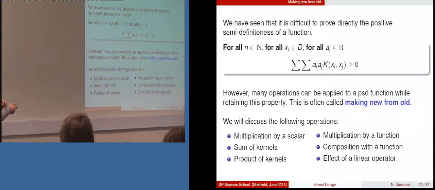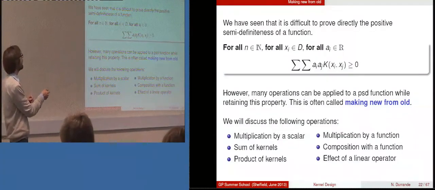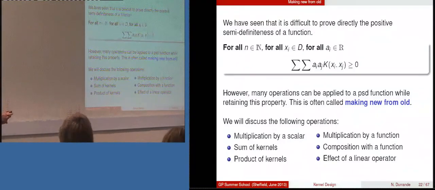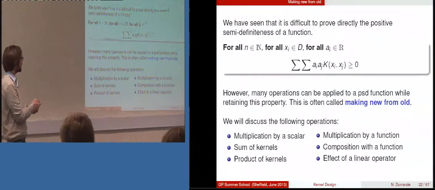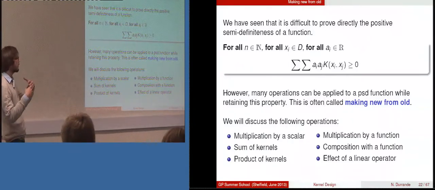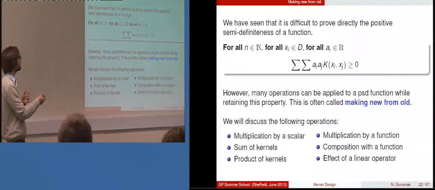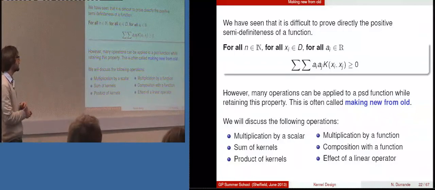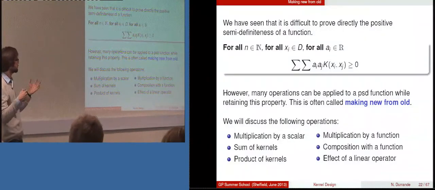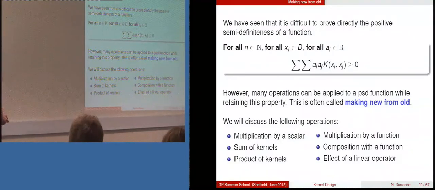We've seen that it's difficult to prove directly the positive semi-definiteness of a function because of this condition: for all n in the naturals, for all x in the input space, and for all a_i in R. However, we can apply many operations to kernels that we know satisfy this condition, and we end up with new kernels.